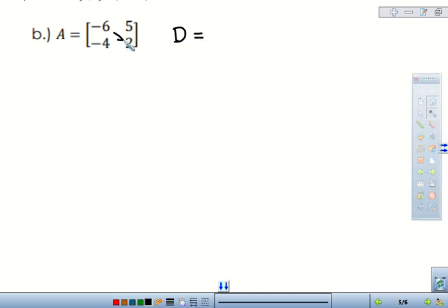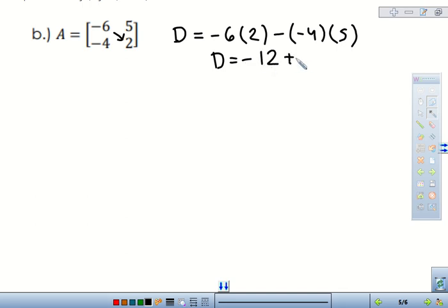The determinant, which is negative 6 times 2 minus negative 4 times 5. That gives me negative 12 plus 20, which is what? 8. So my determinant is 8. That means I'm going to multiply by 1/8 on the outside.